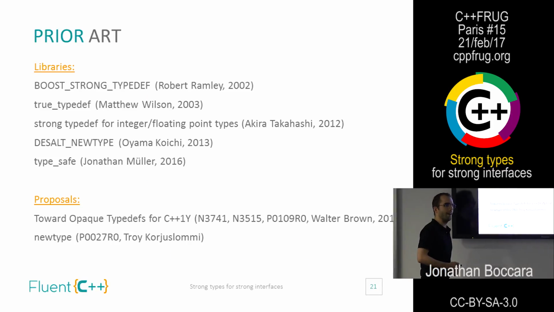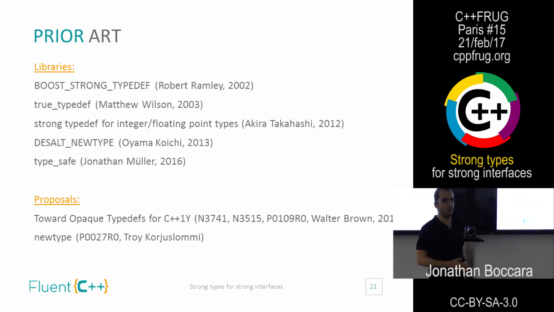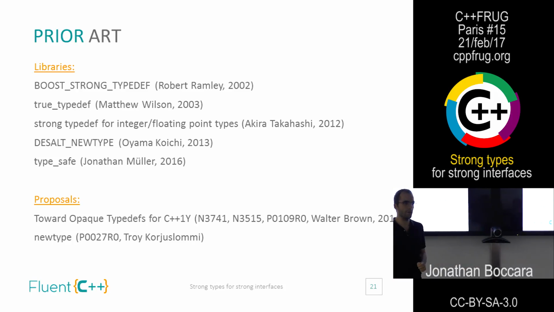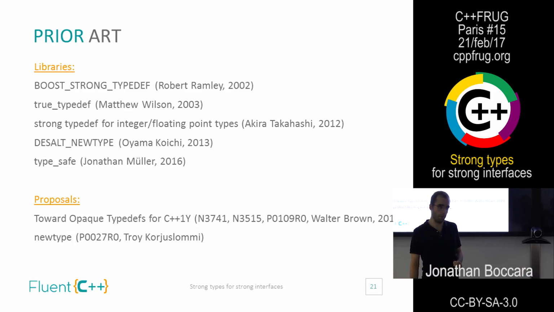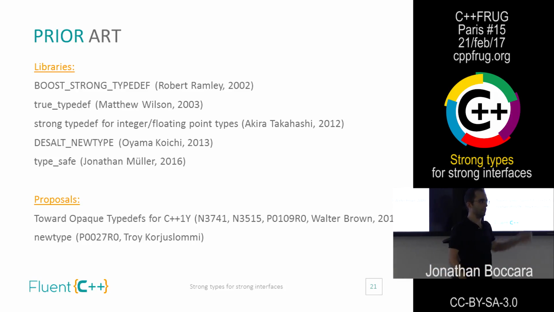Before doing that, I want to make it clear that this is not new, not at all. I certainly haven't invented strong types. There have been quite a few attempts to use strong types in C++, be that in libraries or in proposals for the language itself. The most famous one may be in Boost.